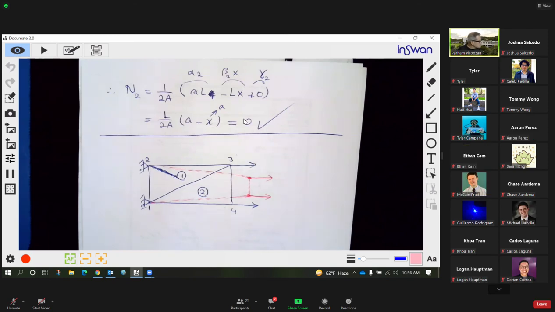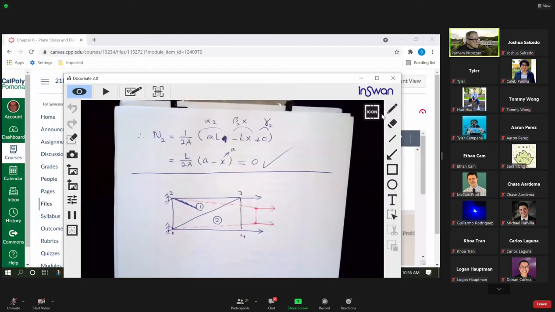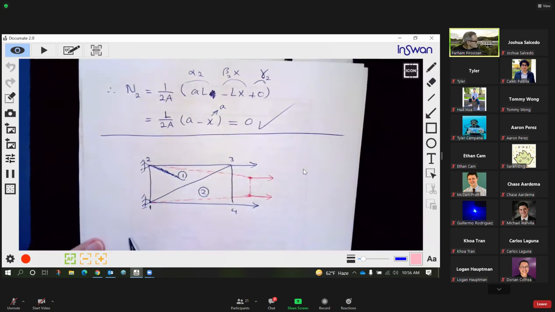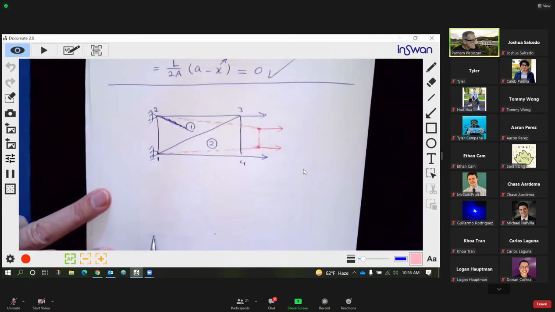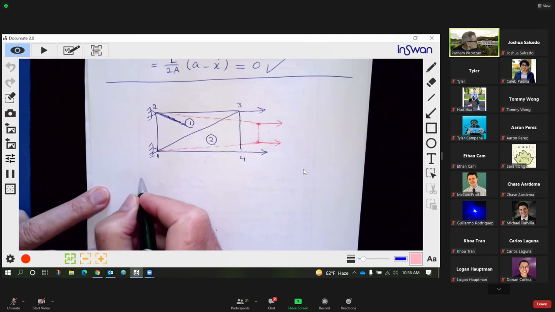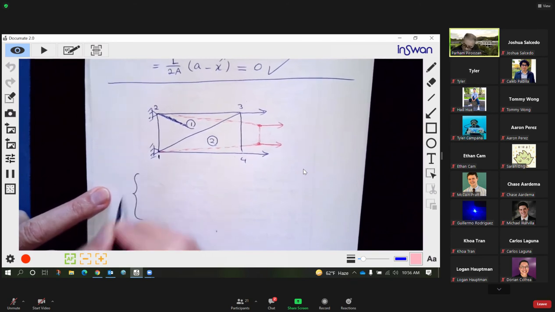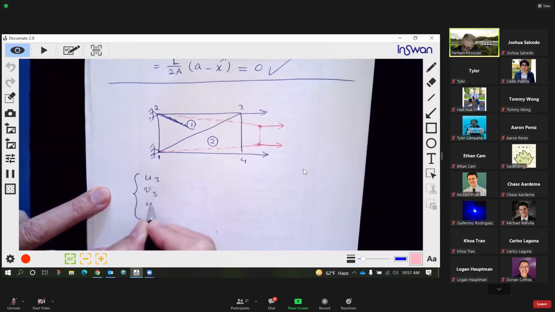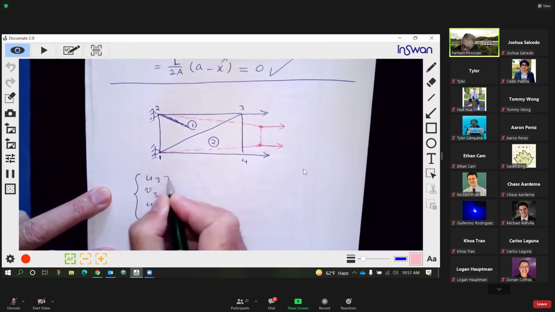The displacements that we found are U3, V3, U4, V4.